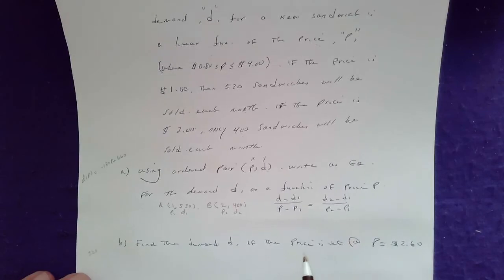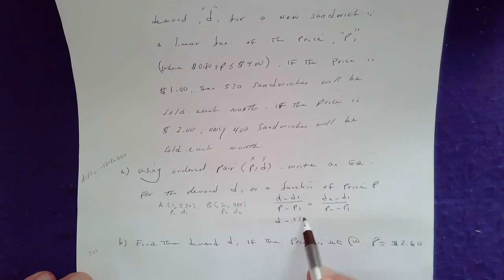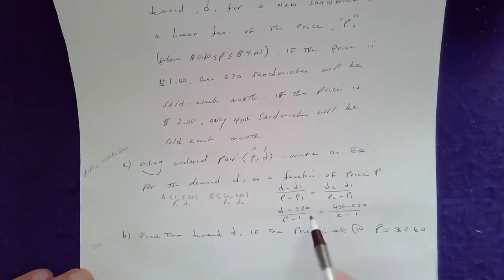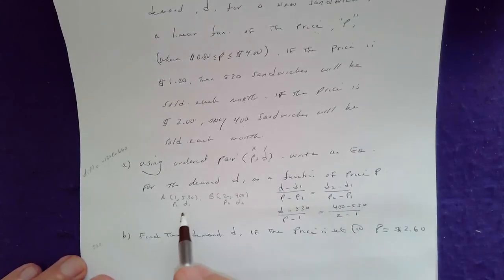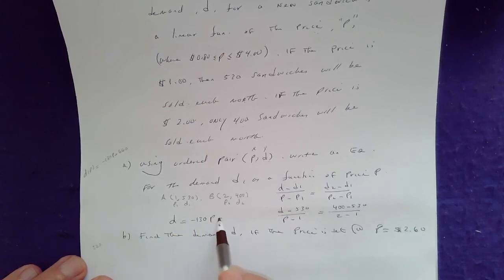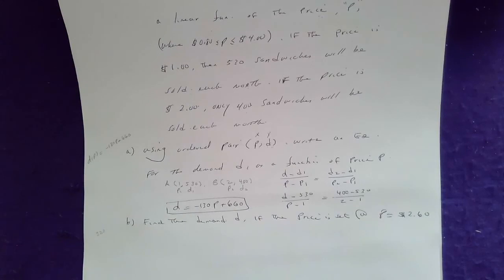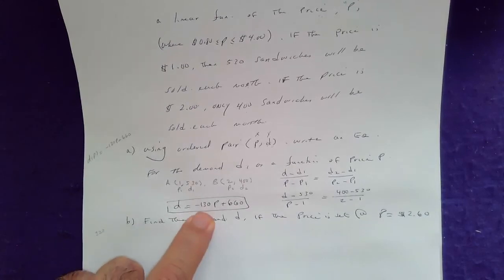So now, if you just go D minus 530 over P minus 1 equals 400 minus 530 over 2 minus 1. If you clean this up, you will end up with D equals -130P plus 660. There you have it. So now we have an equation of a line. Do you see it? And this is the slope.